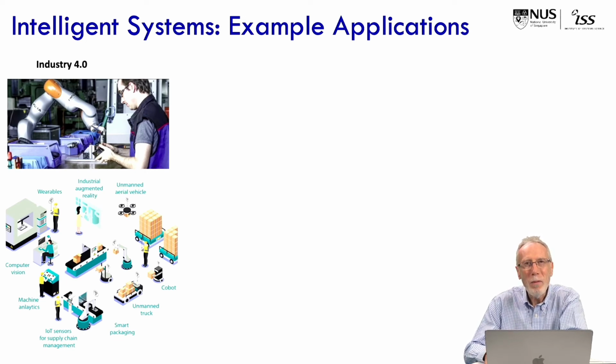But now with better AI control and better sensing, we can have them cooperating together. But of course, Industry 4.0 is not just robots in factories. It's the whole process going from intelligent supply chain through to flexible manufacturing and better distribution and logistics.